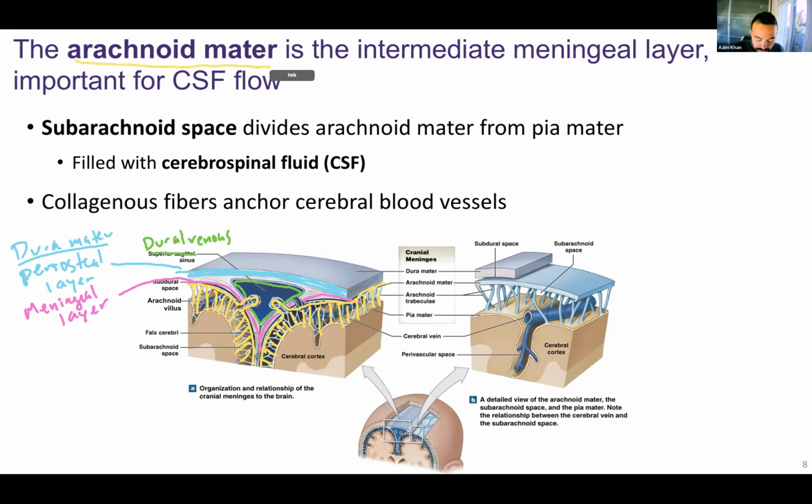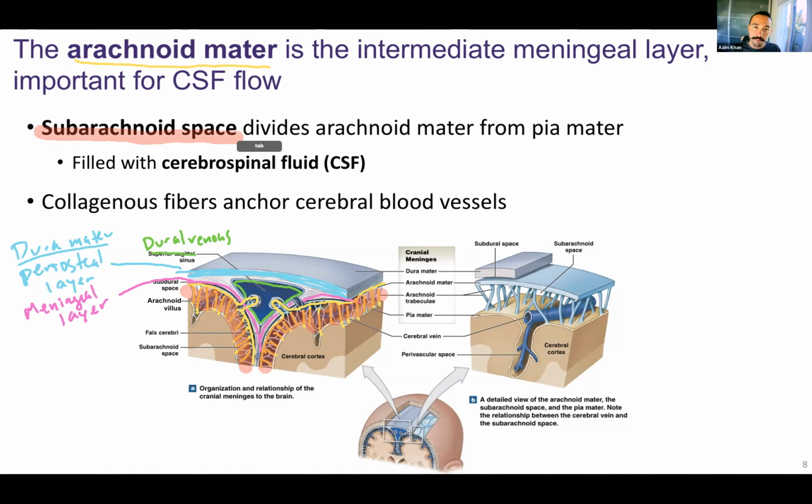The arachnoid mater, because it has those web-like things reaching down, it creates a space. Let me highlight that space in red. It provides a space. That area is called the subarachnoid space.